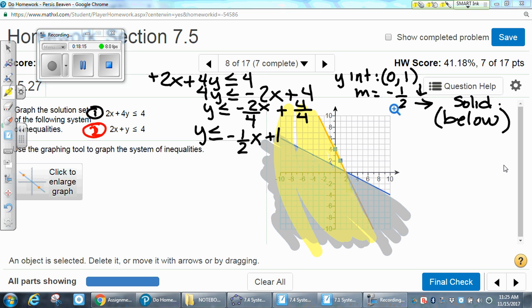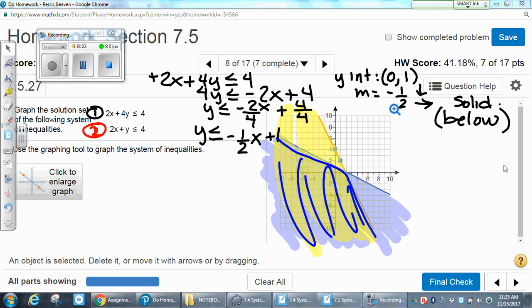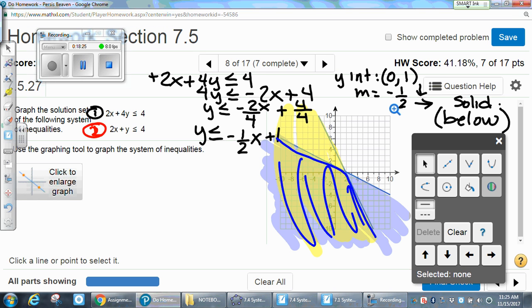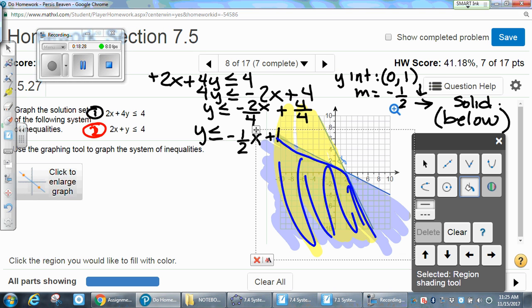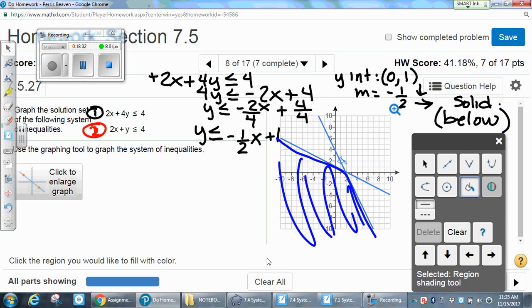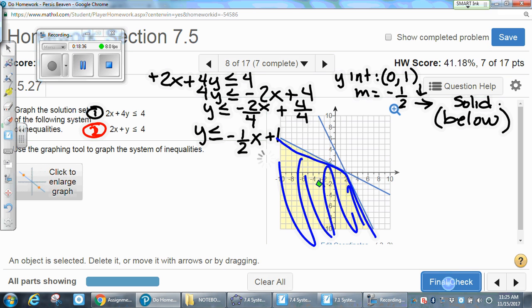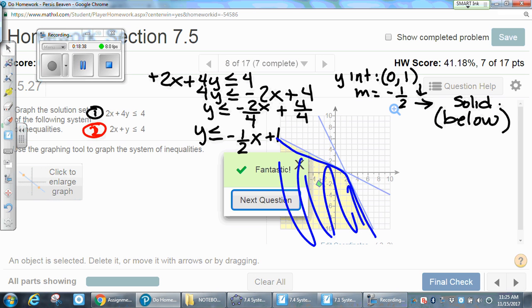Right? So I know it's not very clear, but the only area where they're intersecting is where the colors overlap. So that when I color with the tool, it will be. And that's fantastic.